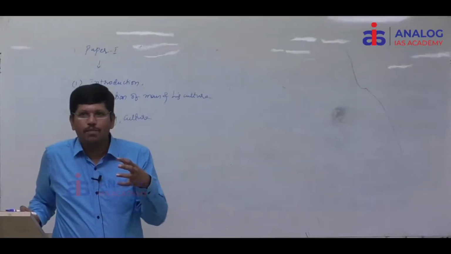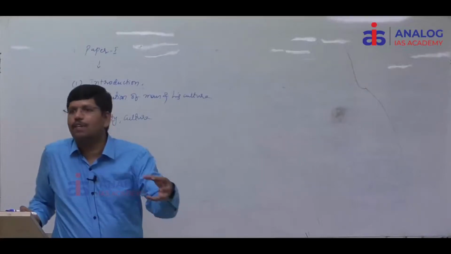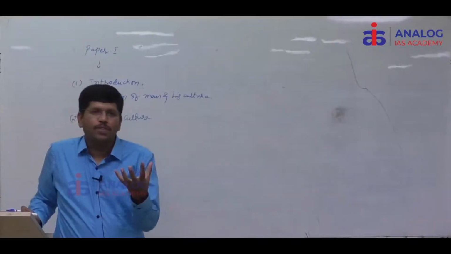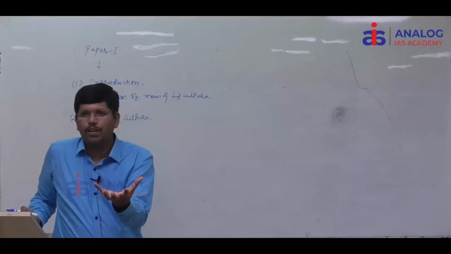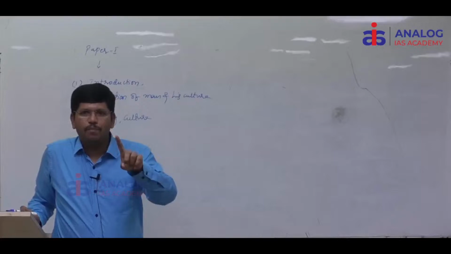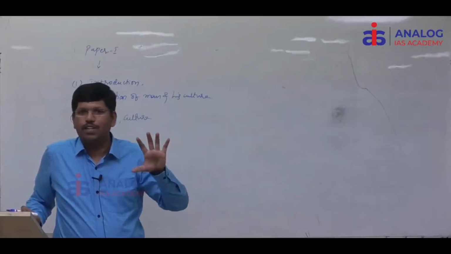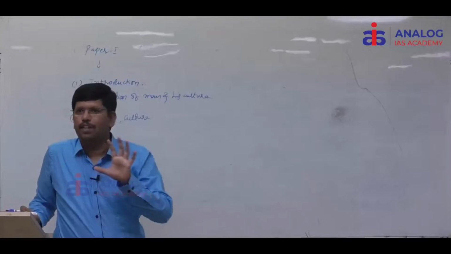Culture is nothing but the design of our living, how to live in our society with the remaining members of the society. Society is nothing but a group of people with a particular interpersonal relationship. That interpersonal relationship will be decided by whom? Culture. Understood? What is meant by society? What is meant by culture?